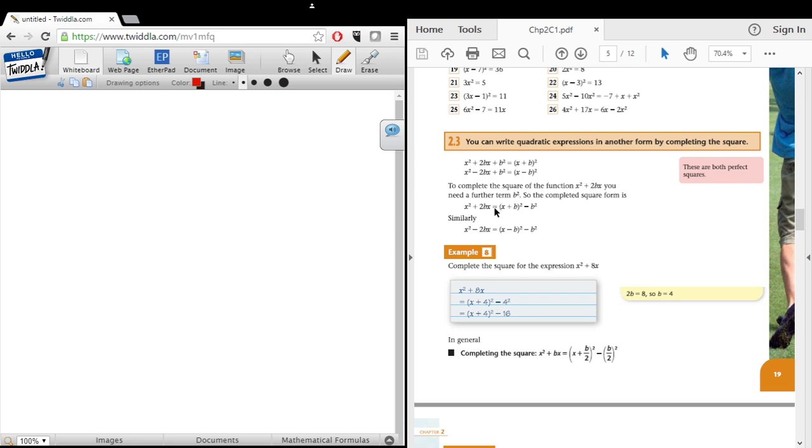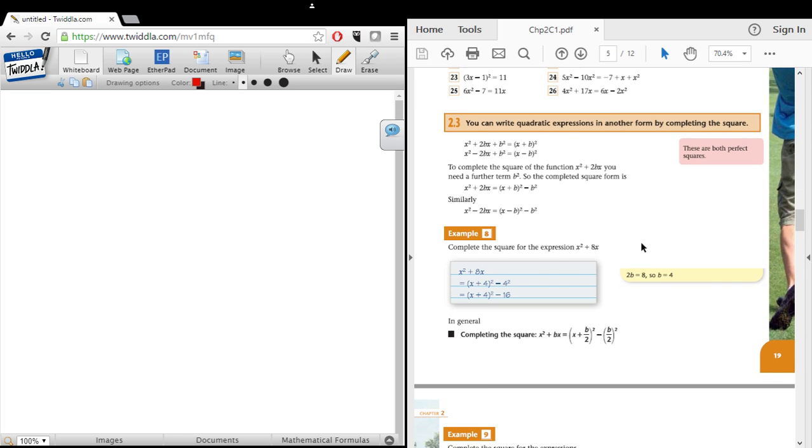Alright? Literally all they've done is, the difference between this one and this one is they've taken the b squared over to the other side. Similarly, you have the same thing for the other form. So they've given you an example here of x squared plus 8x. And so what they've done is they've taken x.